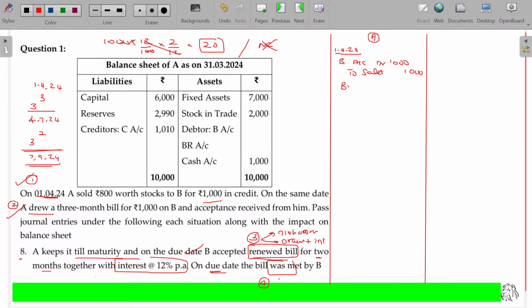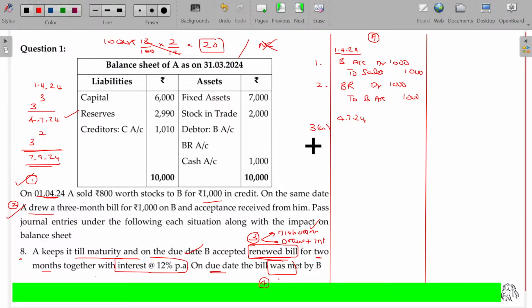So BR account debit to B account. This bill value being 1000. And he keeps till maturity. On maturity date, this bill got dishonored. Maturity date being 4/7/24.